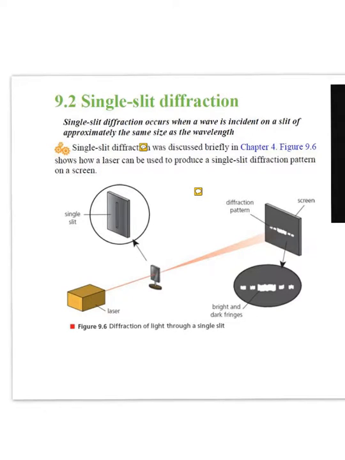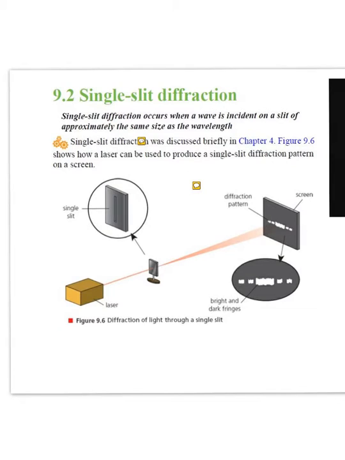And this is the setup you would use to investigate this effect. We'll definitely dig this out in the lab at some stage in the lesson so you can see it. But what you have this time is a single slit, not the double slit that you used last time we did this experiment. You need monochromatic light, a laser.